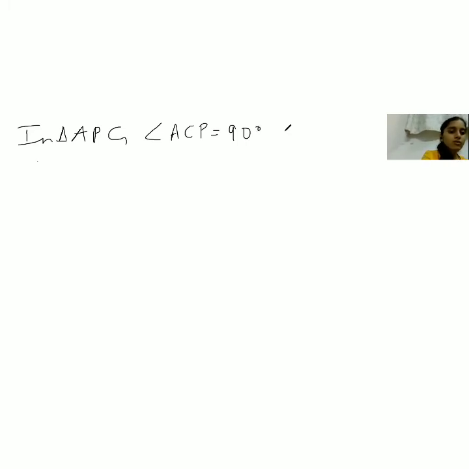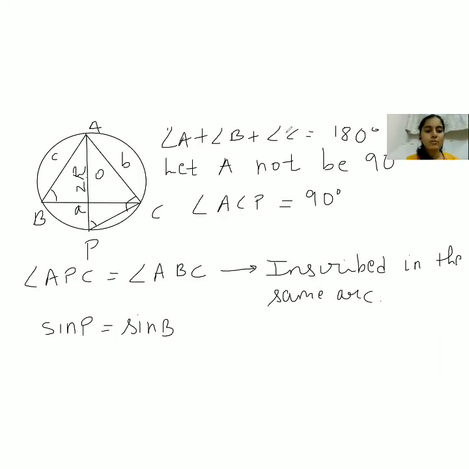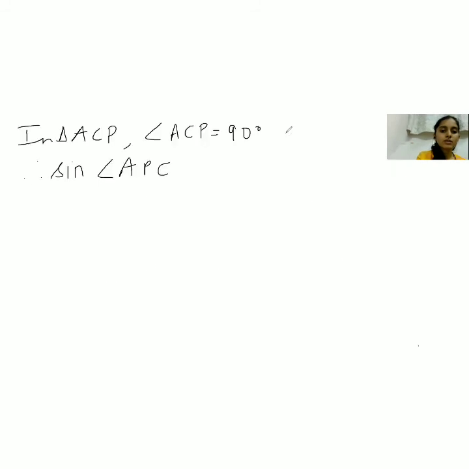Therefore, sine of angle APC, from the triangle, is opposite upon hypotenuse, b upon 2r. So sine P equal to sine B is equal to b upon 2r.